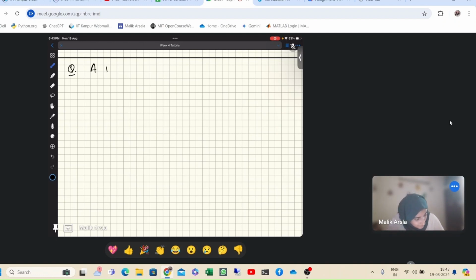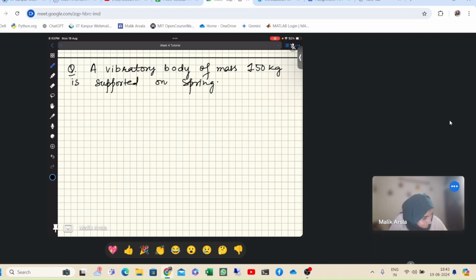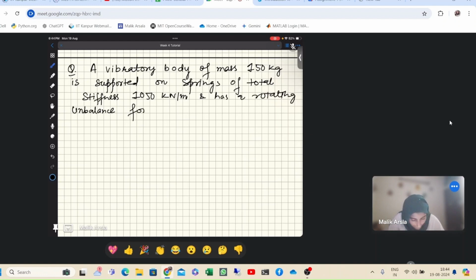Okay, so a vibratory system of mass 150 kg is supported on springs of total stiffness 1050 kilonewton per meter, and has a rotating unbalanced force of 525 newton at a speed of 6000 rpm.